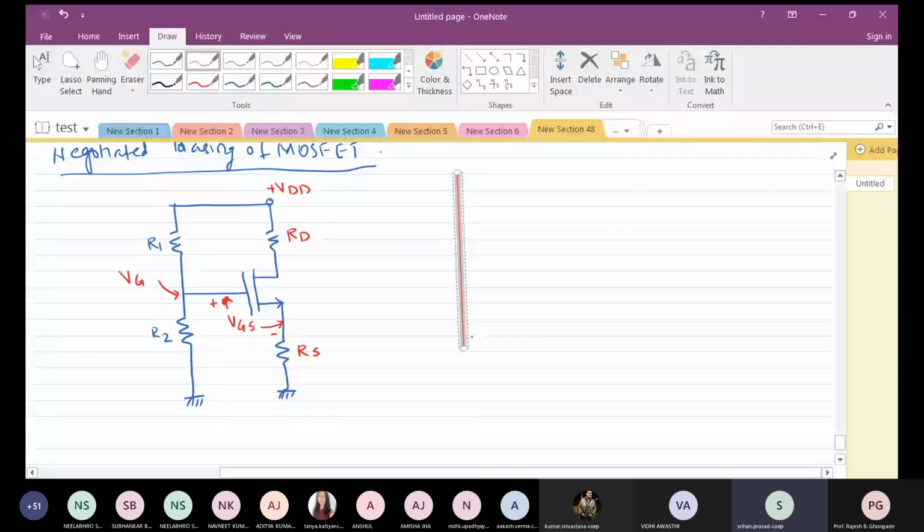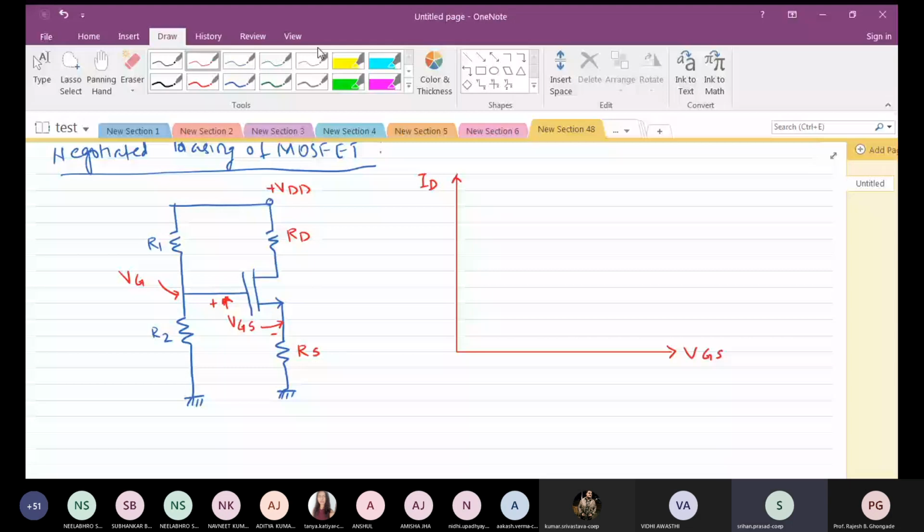I've already drawn this, but let this be a repetition, no problem. So this is ID. This is VGS. Then our MOSFET curve is like this.